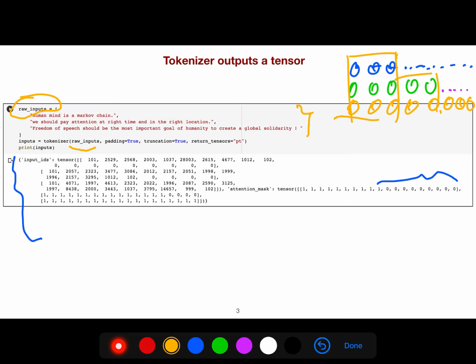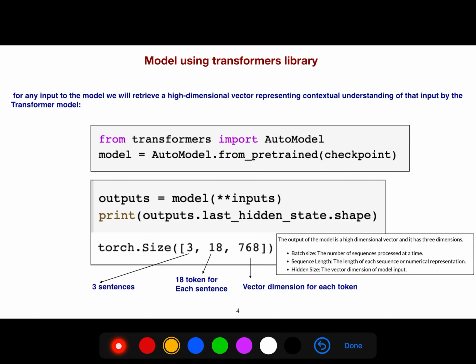And so it has just three sentences, and it gives you the tokens. So this is the index of, for example, human, which is 101. For example, mind is 2529.